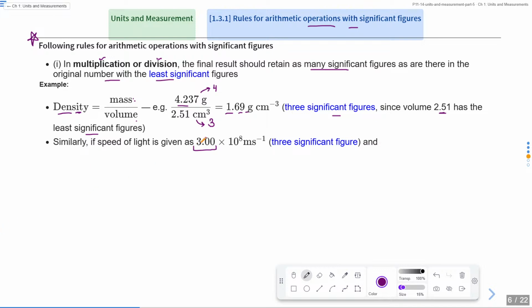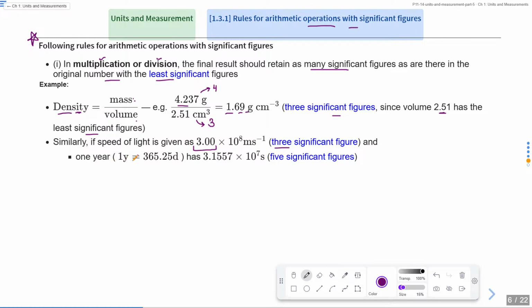After that, we will do some questions. I'm asking you, how many significant figures? 3.00. Okay, 3. It is written here as into 10 to the power 8 meter per second.